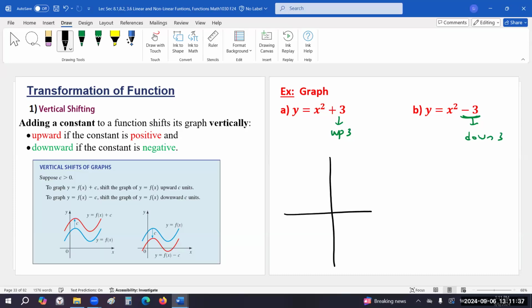So I'm going to draw 2 graphs for 2 transformations. This is x, y, y, x. In the exam, I want you to write the original function first and then the transformation. So the original x squared is lying at the origin. It's a parabola.